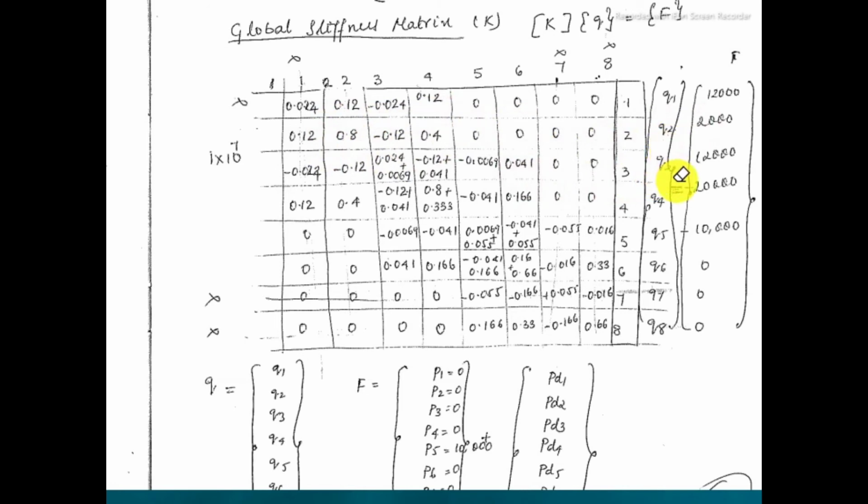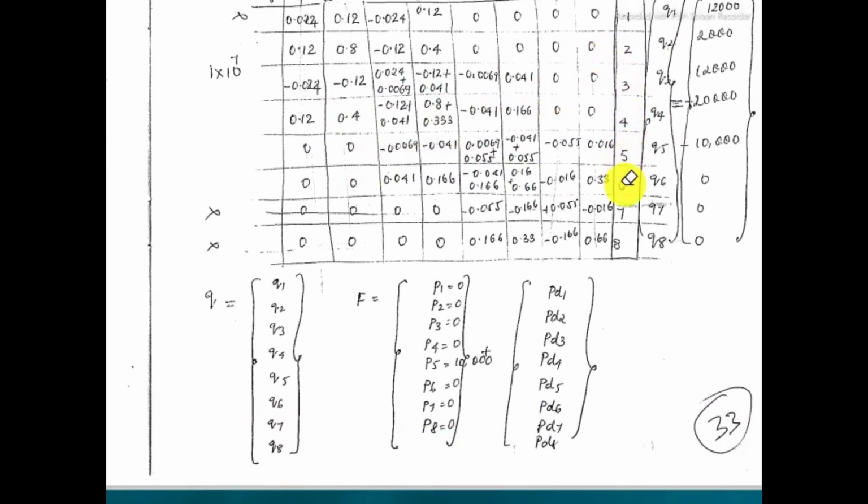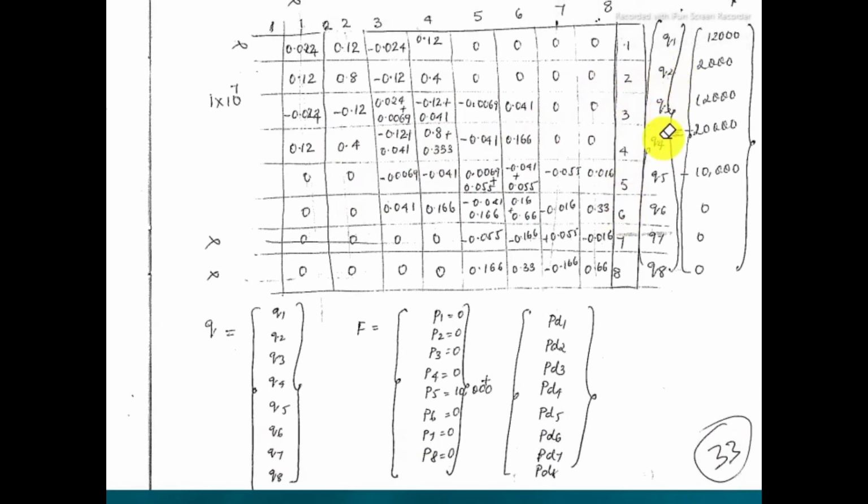In Q3 also the same, these three values will be there. Q4, Q5 and Q6 will be there. So now there will be 5 displacements that we can find here.